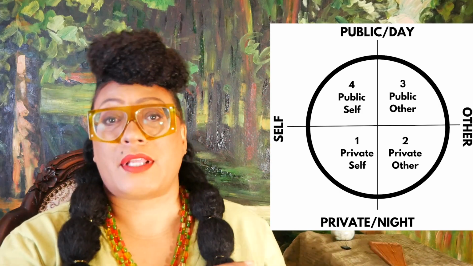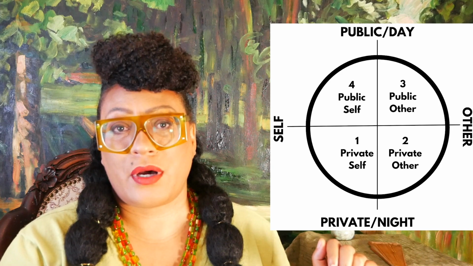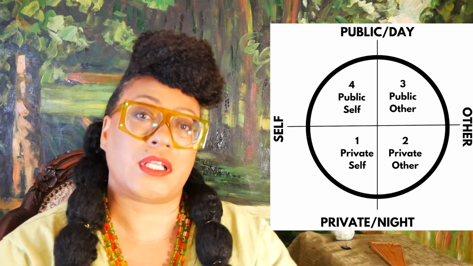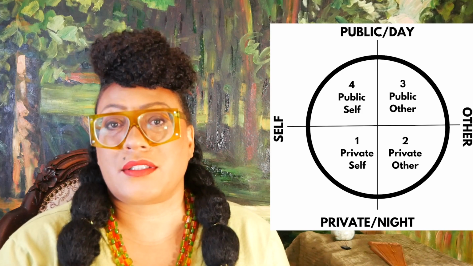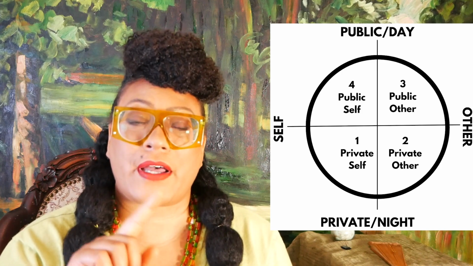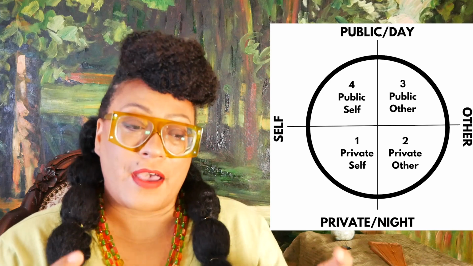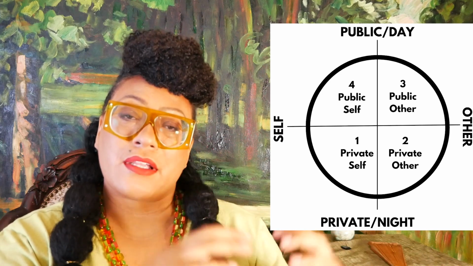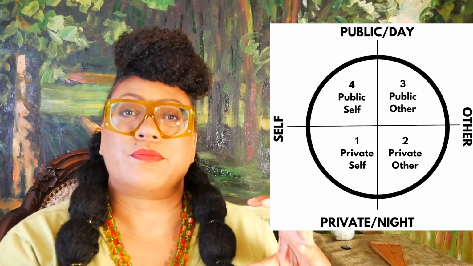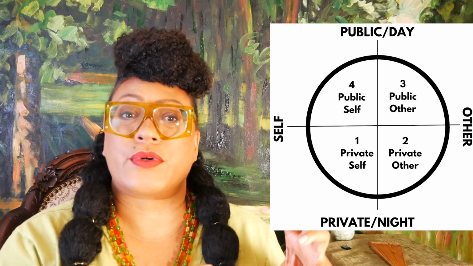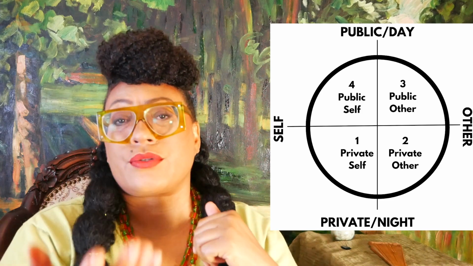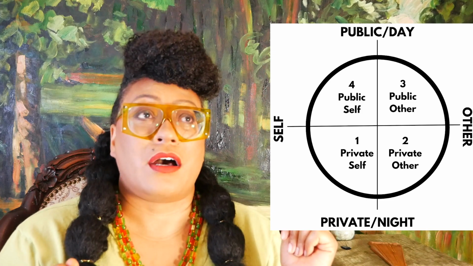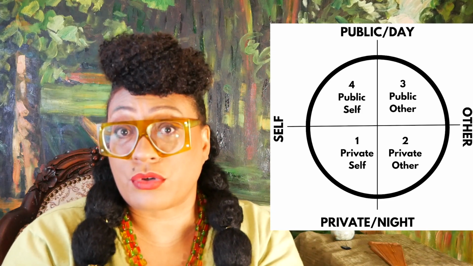And then we move to the second quadrant, which I would call the quadrant of the private other. This consists of houses 4, 5, and 6. So having a majority of your placements here in the second quadrant could be more about a lifetime spent focusing on understanding and serving your family, or the family that you create.